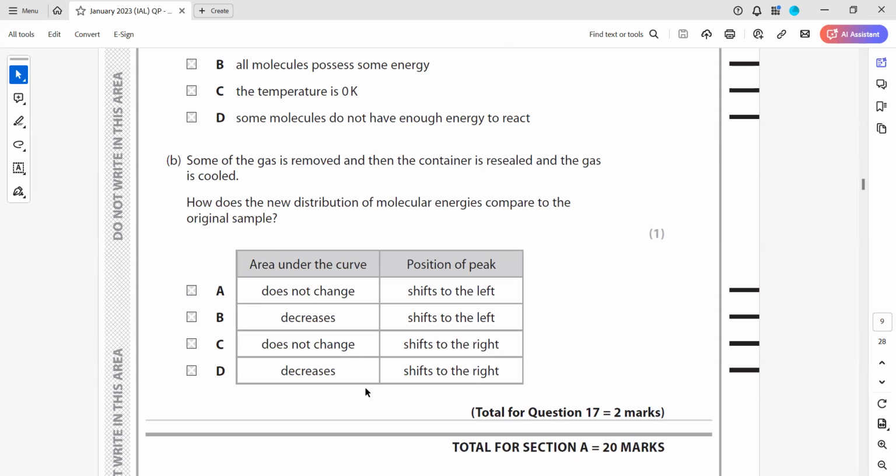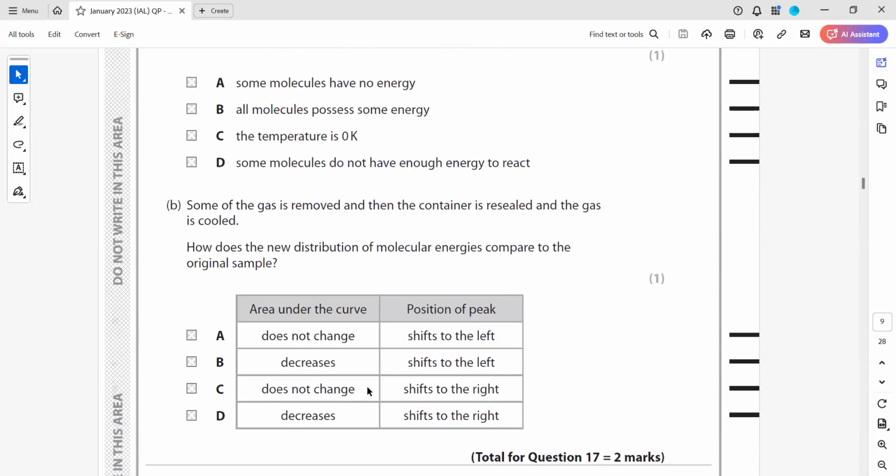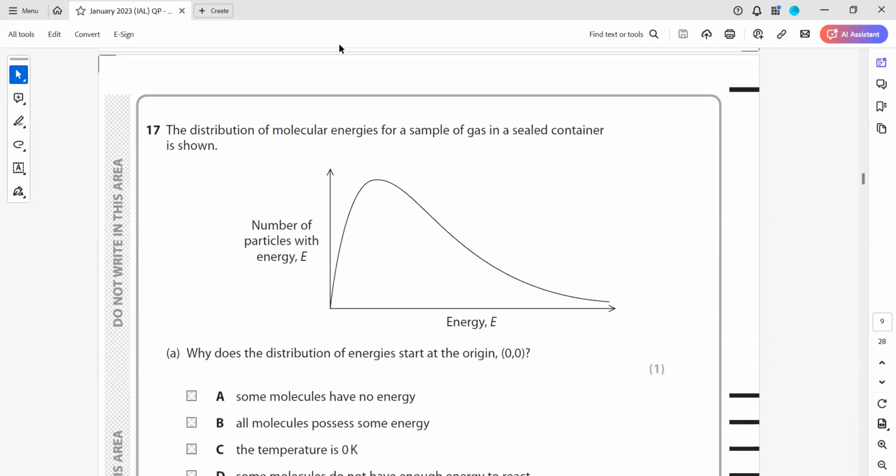Some of the gas is removed and then the container is resealed. How does the new distribution look? Area under the graph depends on the number of molecules. If you remove molecules, the number of molecules will decrease. And now it is being cooled. So when we cool, the peak will increase, but the total area will also decrease here.